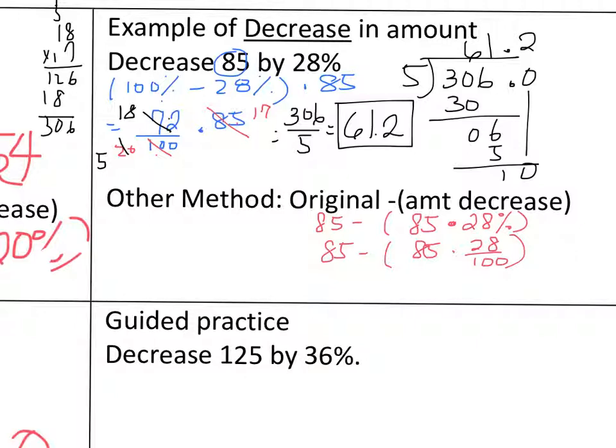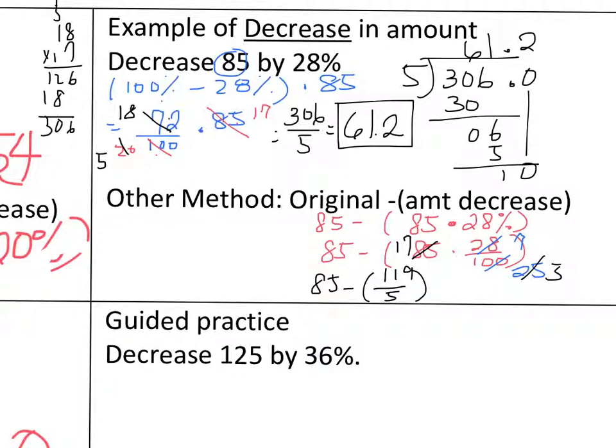And after you simplify 28 with 100, 100 divided by 4 is 25. And we can simplify 25 with 85 to get 17 and 5. So 85 subtract 119 over 5.